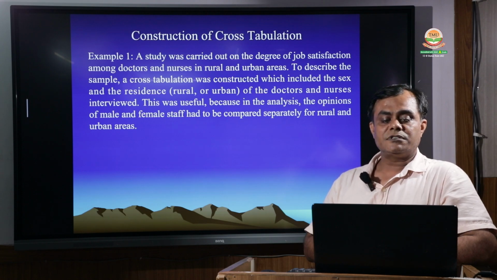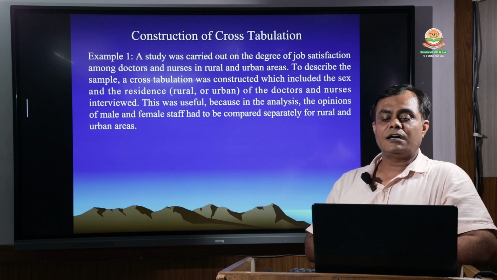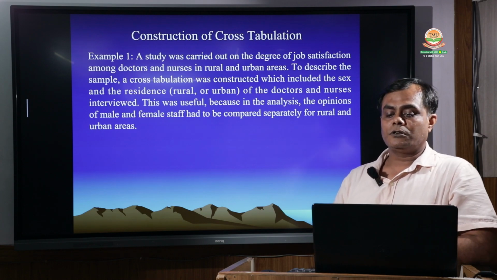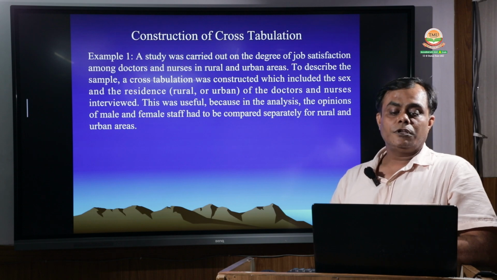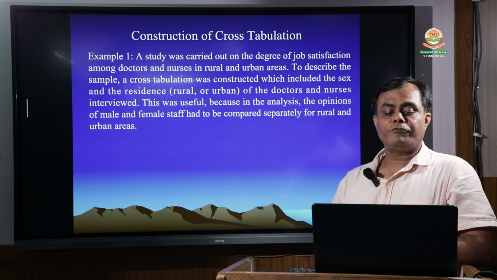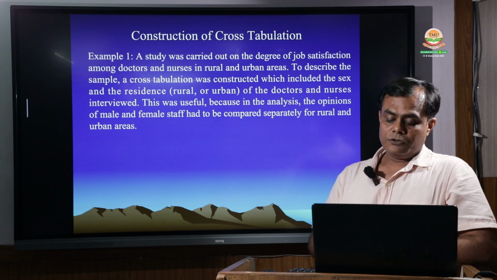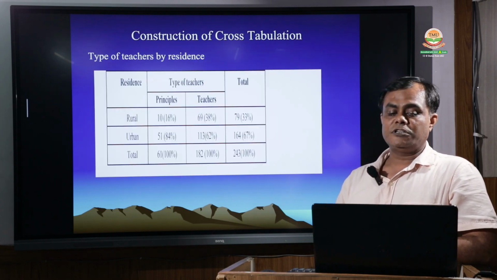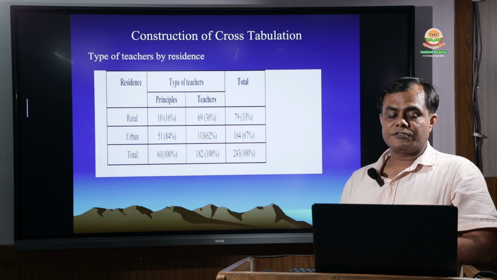To describe the sample, a cross tabulation was constructed which included sex and residence, rural or urban, and whether the interviewee was a doctor or a nurse. This was used because in the analysis the opinions of male and female staff had to be compared separately for rural and urban areas. So in this way we arrange the cross tabulation.